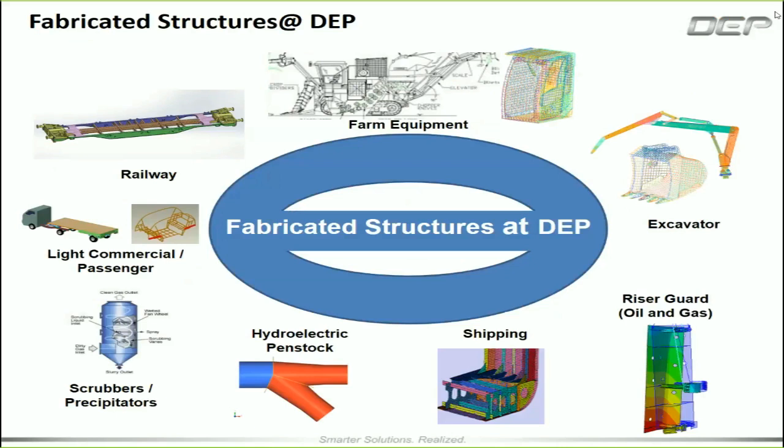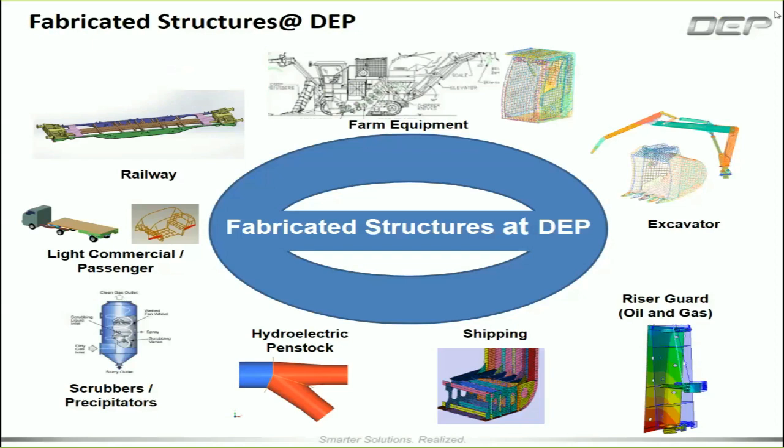And also in the oil and gas industry, the riser guards can be optimized by using shape parameters, which helps in a better flow rate. And in the shipping industry, we can optimize the position of the sections, and also the hull shape of the ship, which improves the performance of your CFD study.